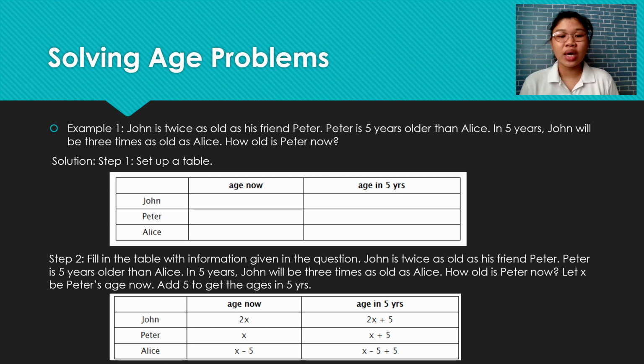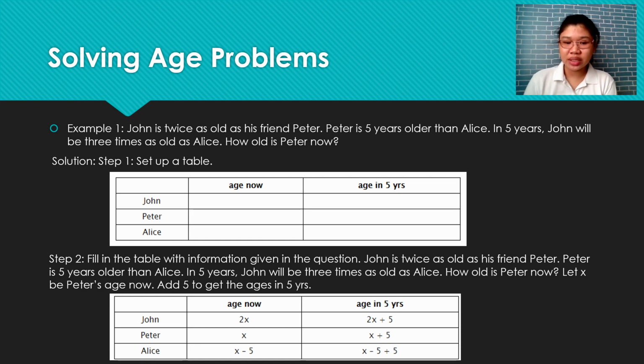So we have completely discussed the present age, the age now. But then there is another statement. In 5 years, so in the future, in 5 years, John will be 3 times as old as Alice. Oh my God.